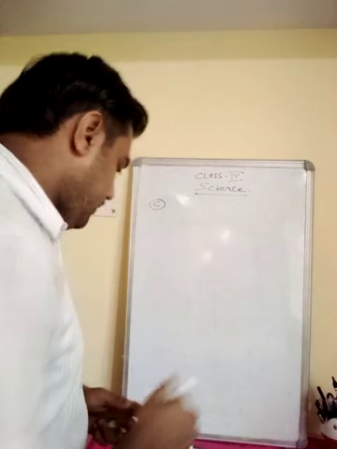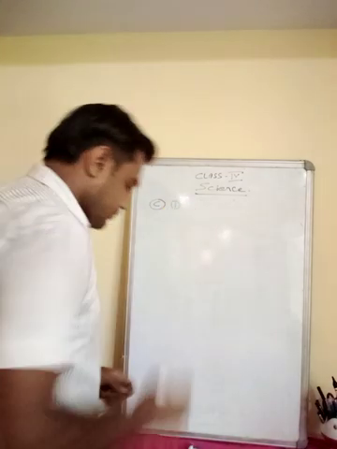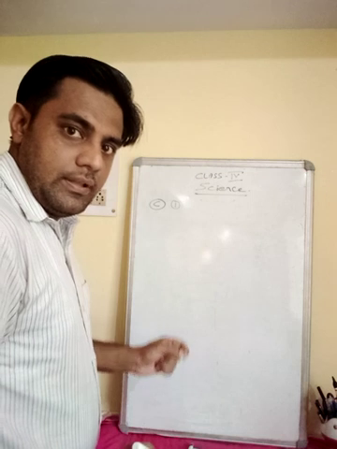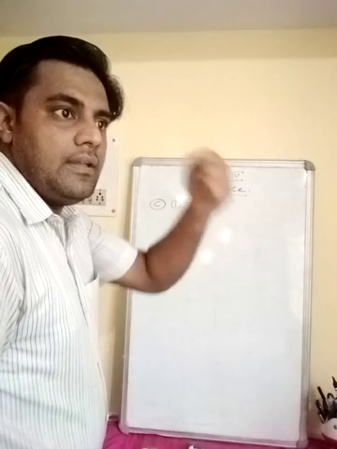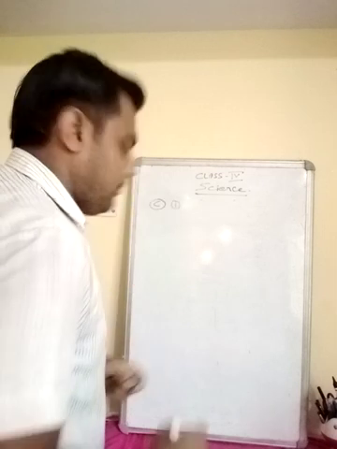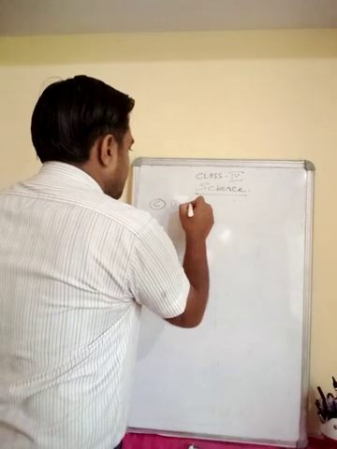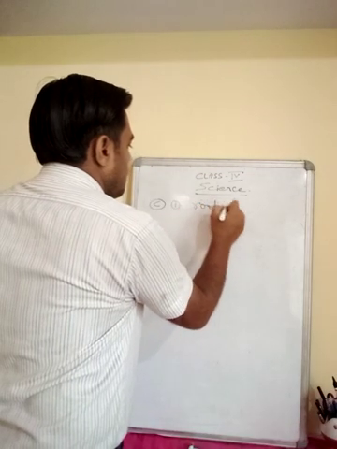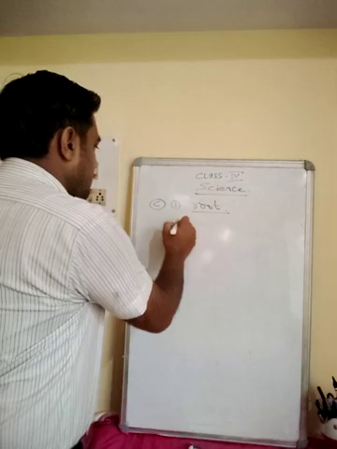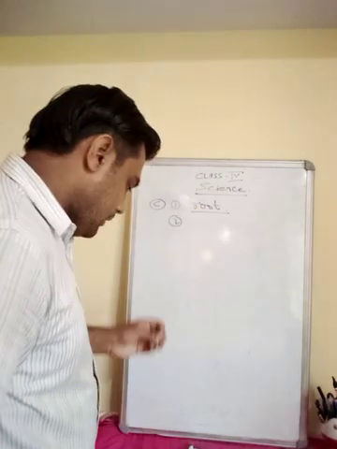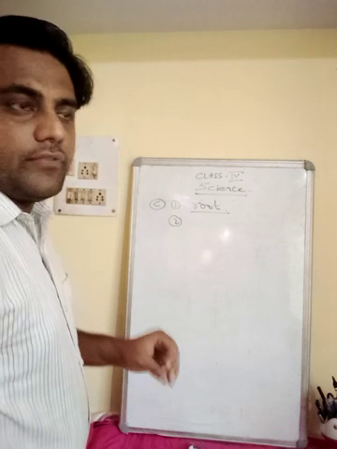So you have number 1, part of the tooth that is present inside the gum, not outside the gum, inside the gum. And your answer is root. Then you have number 2, the innermost layer of the tooth.